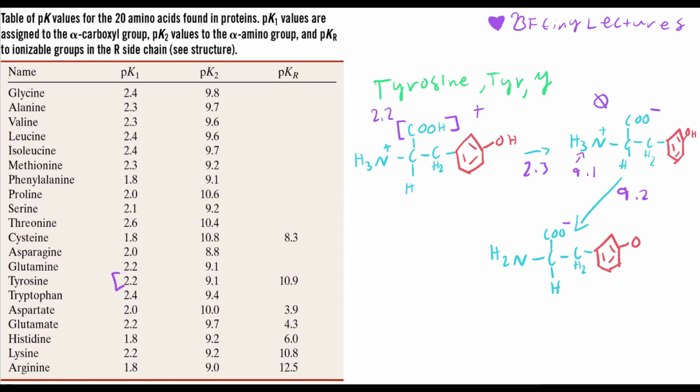This is still negative, and this is going to be neutral. I'm missing an H right here, so that's not good. We're going to put an H right there, and this is going to be negative. So overall, this charge right here is negative. So the overall charge is negative 1, okay? Negative 1.